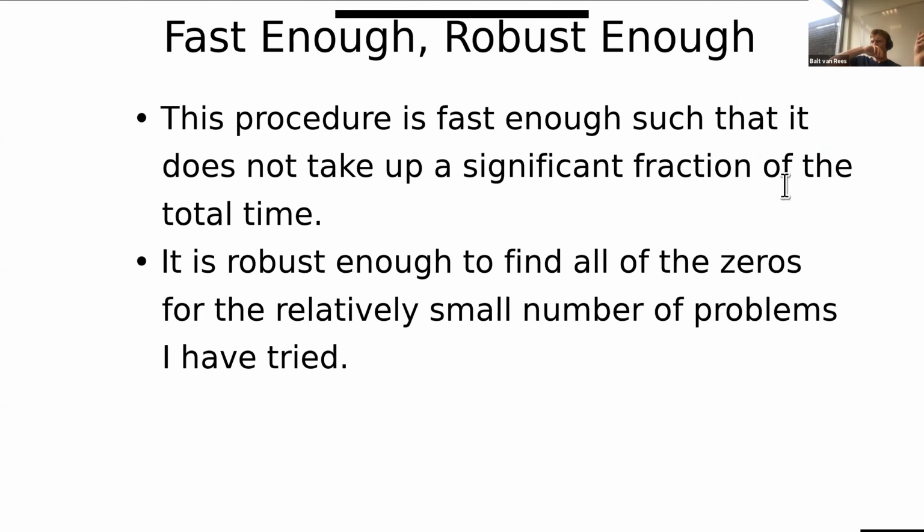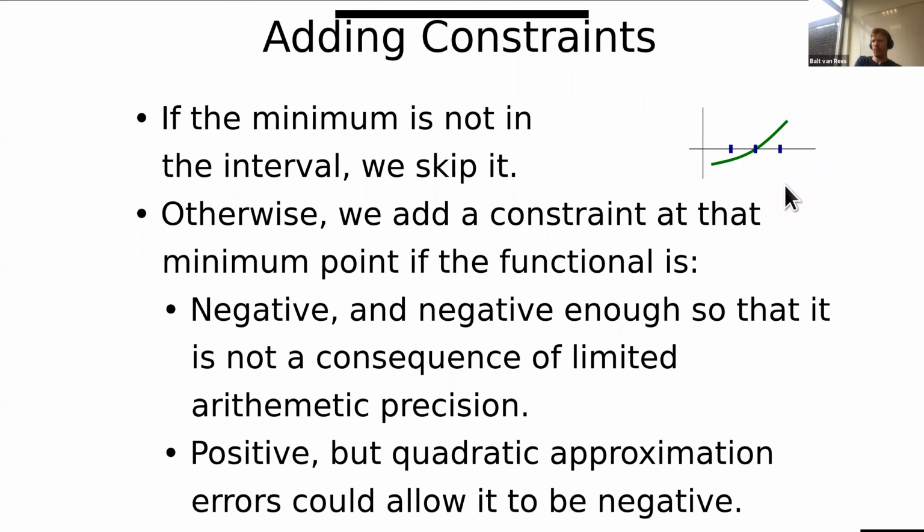Do you evaluate the functional at the minimum of the quadratic approximation? I do not. What I do is compute the quadratic approximation, which gives me the minimum, but I do not directly evaluate the functional at the minimum.